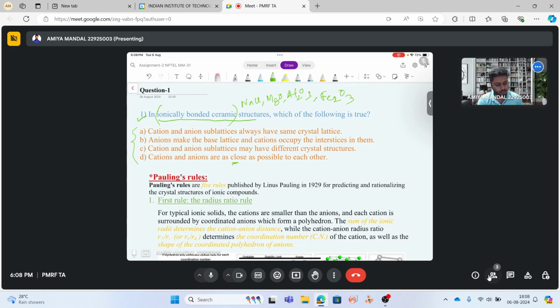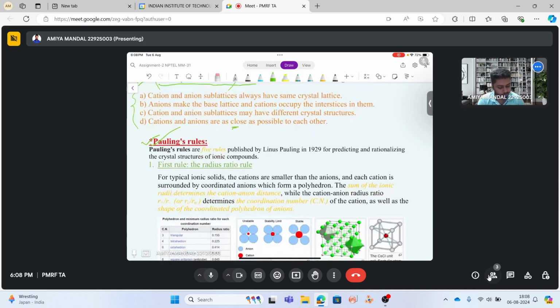To know all these concepts, you have to learn Pauling's rules, which mainly tell about ionically bonded ceramics and the arrangement of cations and anions in ionically bonded ceramic structures. Pauling's rules were given by Linus Pauling in 1929 for predicting and rationalizing the crystal structure of ionic compounds.